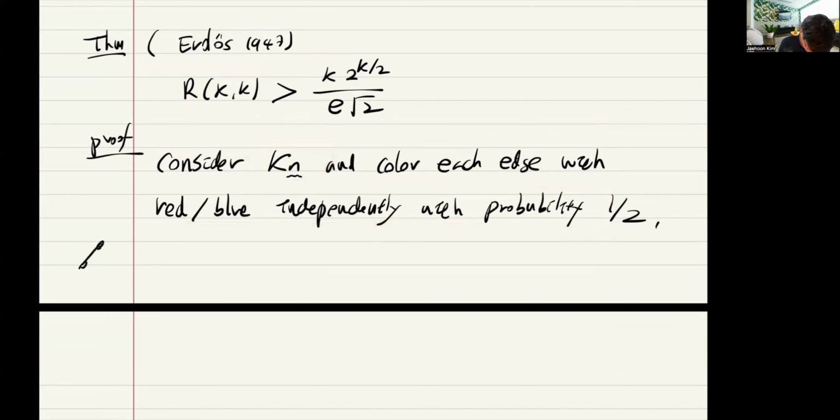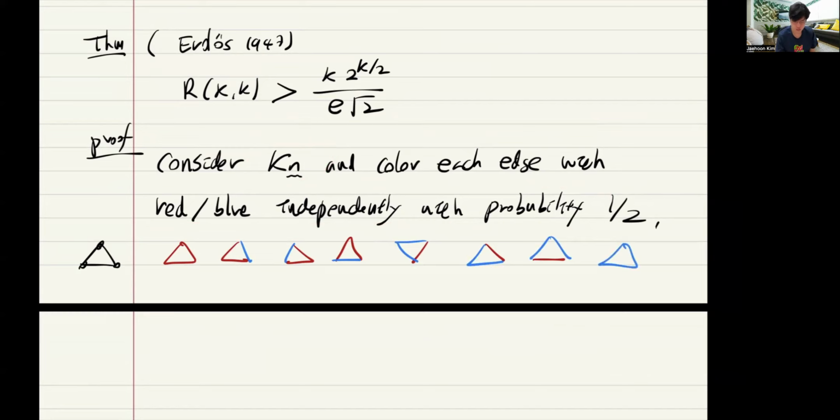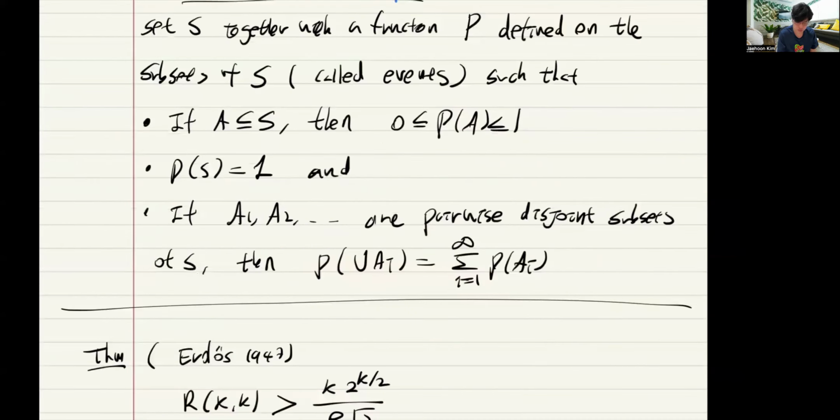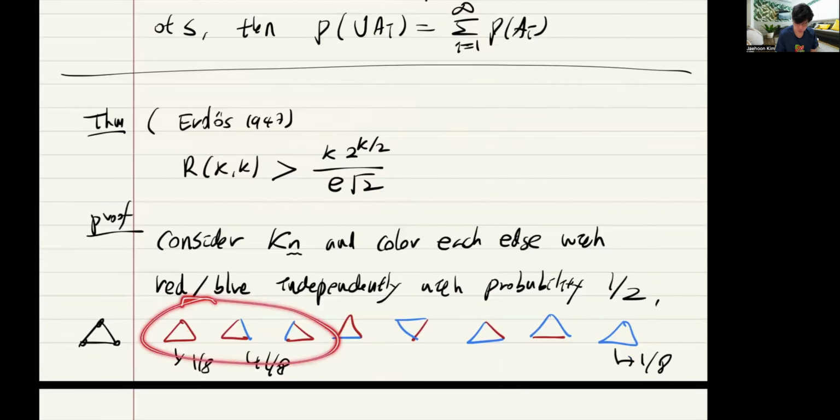For example, if you have n equal to 3, you have these 8 colorings, and we give each of them the value 1/8 as its probability, which is the function p. Then for a certain event, the probability of this one is 3/8.